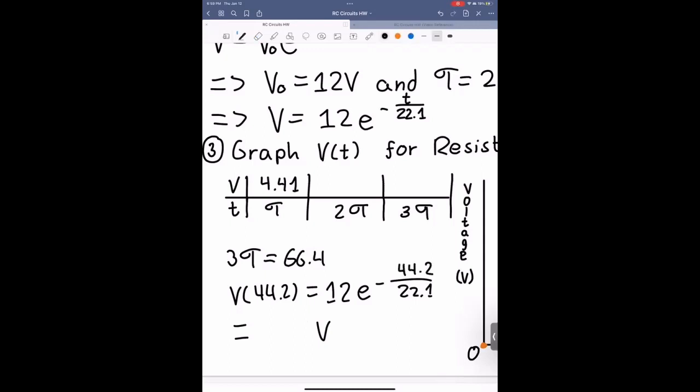And this equals 1.62. Now finally, for 3 tau, as we've seen here, 3 tau is 66.4. And that equals 0.597.